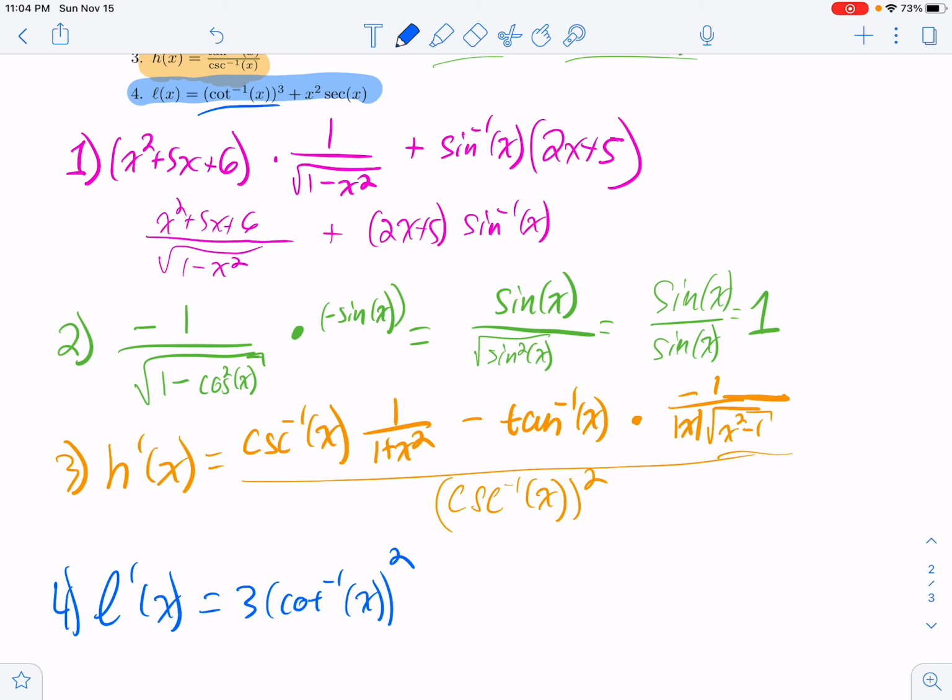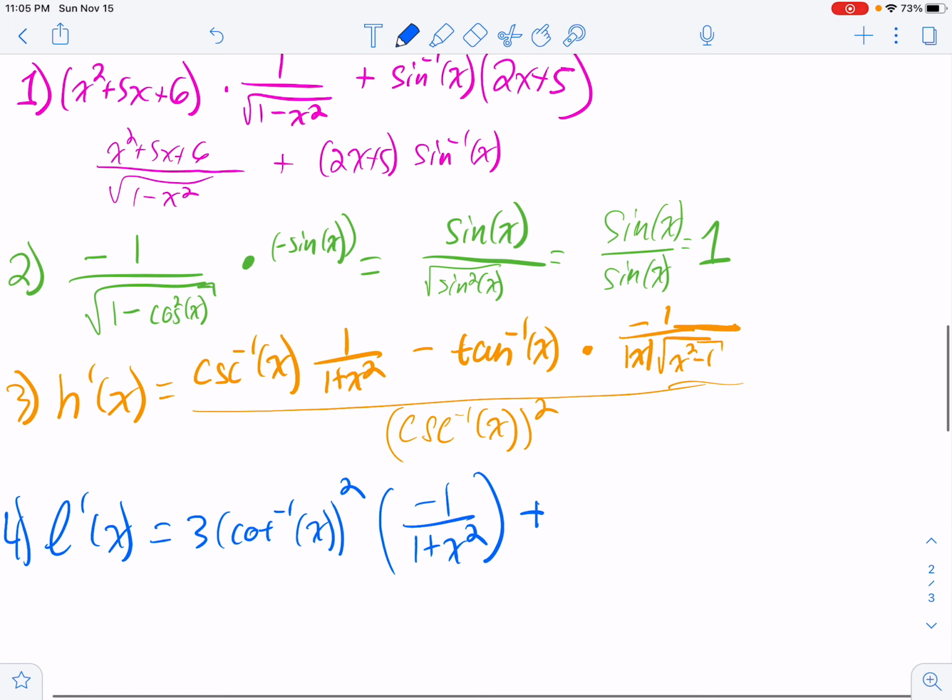And then I multiply by the derivative of cotan inverse, which is negative 1 over 1 plus x squared. So chain rule for that guy. Plus, for the second guy, I'm going to need a product rule. But that's just regular secant, right? And the derivative of regular secant is secant tangent.